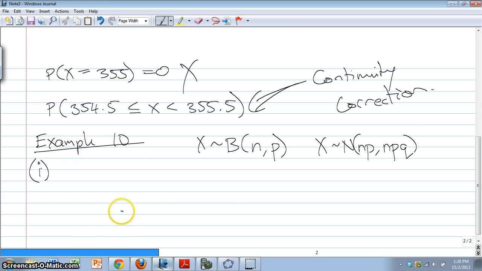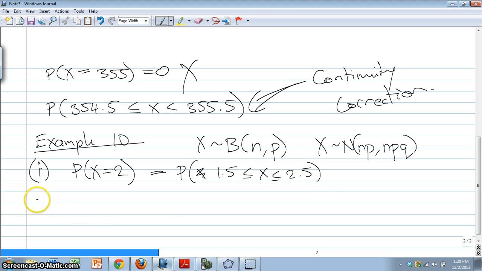So we want to carry out the continuity corrections for the following. The probability that x equals 2, well, that means I want to look at the probability that x is between 1.5 and 2.5. The probability that x is between 3 and 5, and this is in a discrete situation. So in a continuous situation, what would I have?